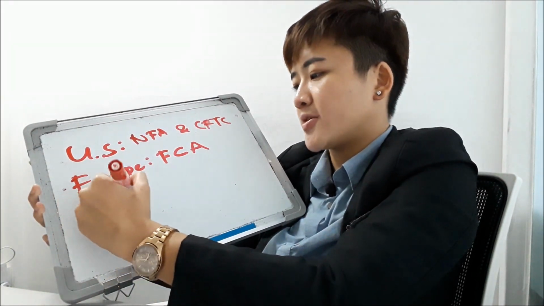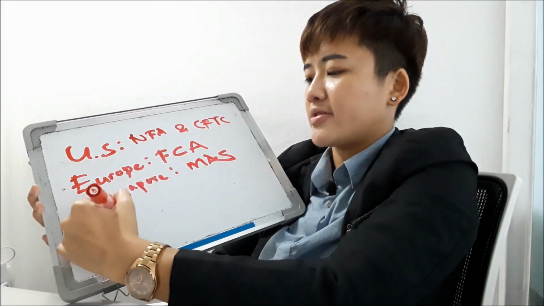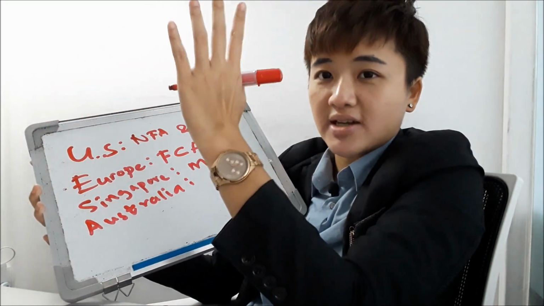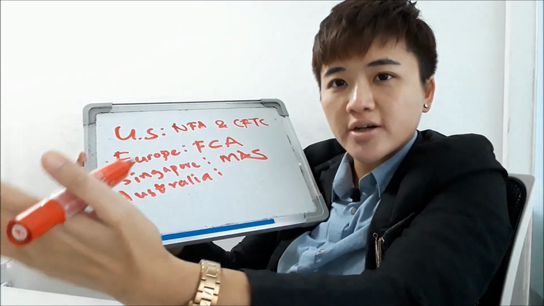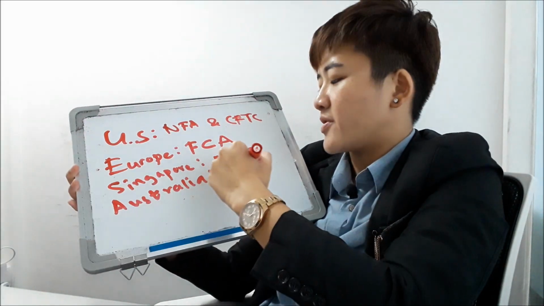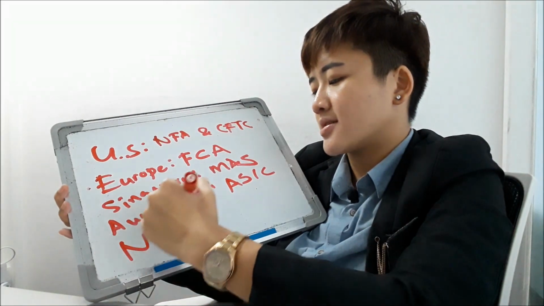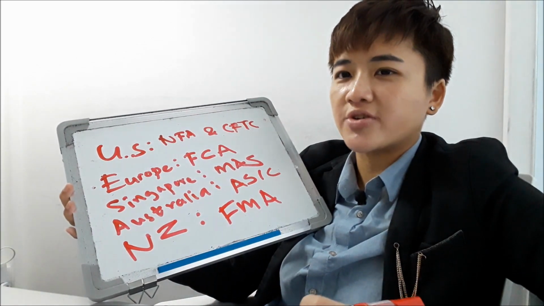Whereas if you're in Singapore, then it would be MAS, Monetary Authority of Singapore. If you're in Australia, now I'm not being biased, I just can't mention all of the countries. If you're watching from other countries that I didn't mention, just do a quick Google and you can find the answer, okay? It has to be regulated by ASIC. If you are based in New Zealand, it has to be regulated by FMA, which is Financial Markets Authority.